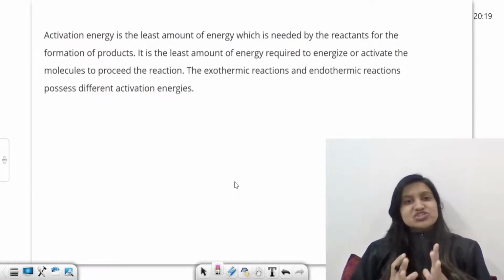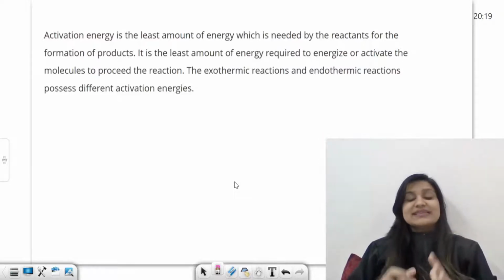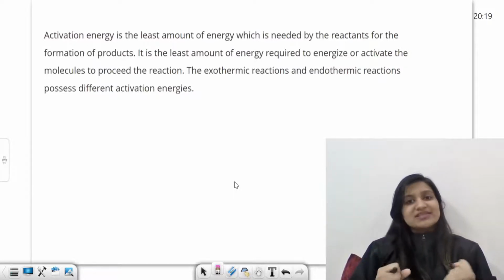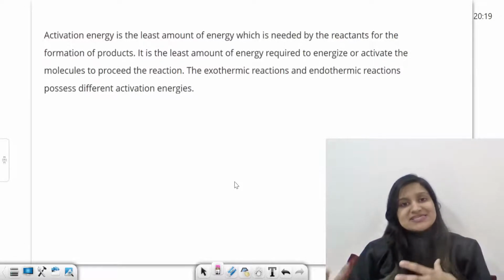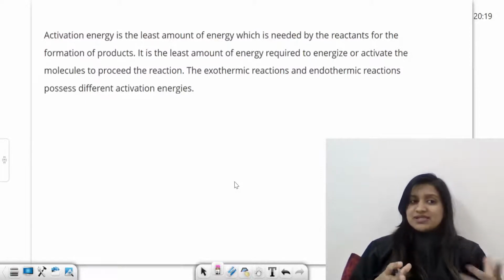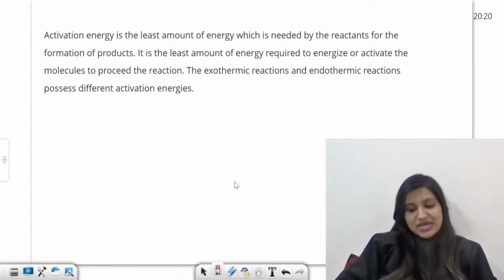Activation energy is the minimum, the least amount of energy which is required by the reactants in order to complete the reaction. What do I mean by in order to complete the reaction? I mean for reactants to get converted into products.